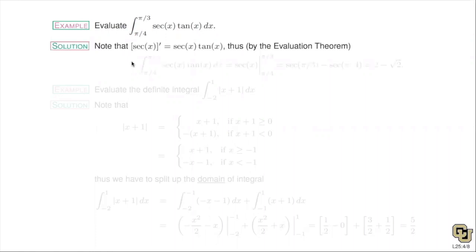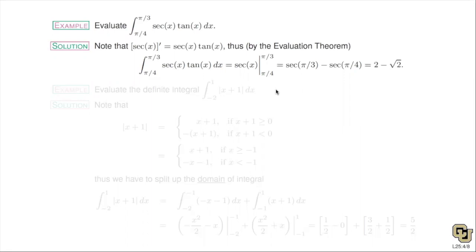If we go through our trig derivatives, we'll realize that the derivative of secant is secant tan. So secant is an antiderivative of secant tan. By the evaluation theorem, or fundamental theorem of calculus part 2, I can say the integral of secant tan from pi over 4 to pi over 3 is just secant evaluated at pi over 3 minus secant evaluated at pi over 4.